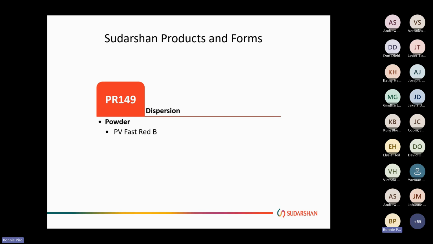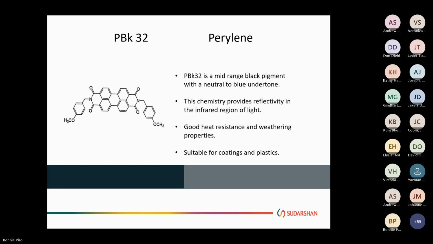And then the other one is Pigment Red 149, that does show up in a powder form as well. I mentioned the two blacks that are in the family. This just gives a little bit of an overview of the Black 32 that provides that IR reflectivity.